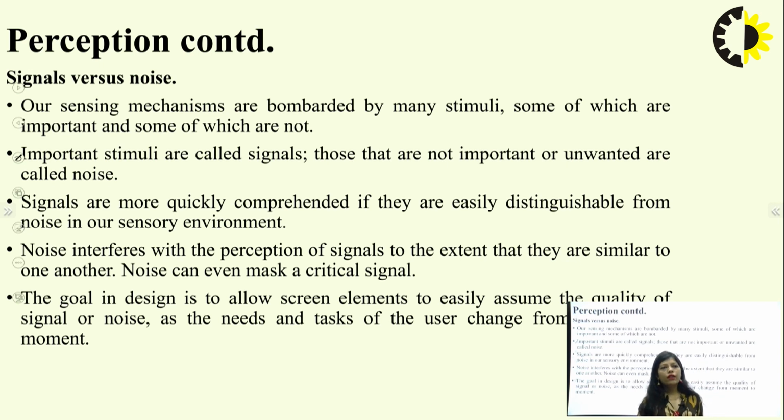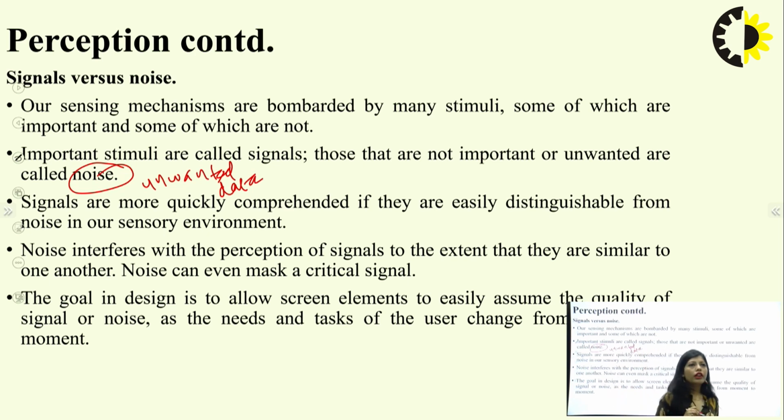For example, if we transfer data from one system to another system, they create noise interference. So noise is that which is not important and is unwanted, like unwanted or irrelevant information.